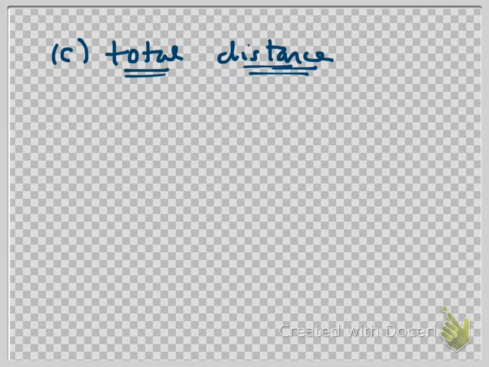Well, first of all, how do I get distance from a rate graph? The area, which is the integral. Now, absolute value is great when you have a calculator to use, but this would be a no calculator problem.